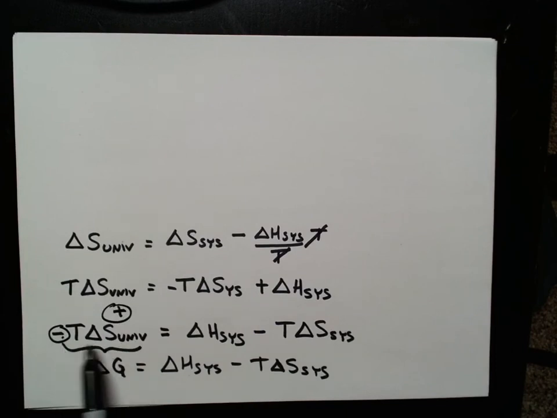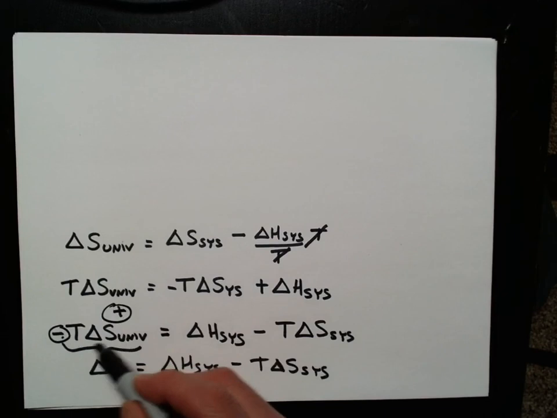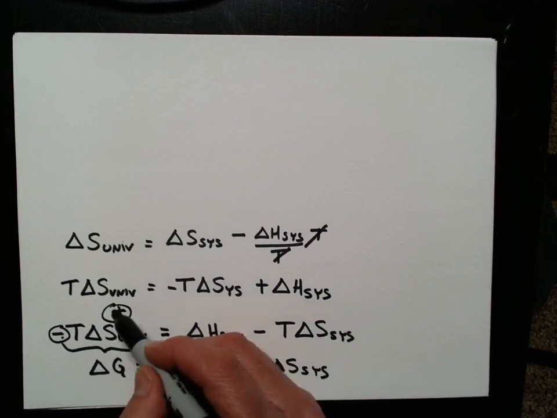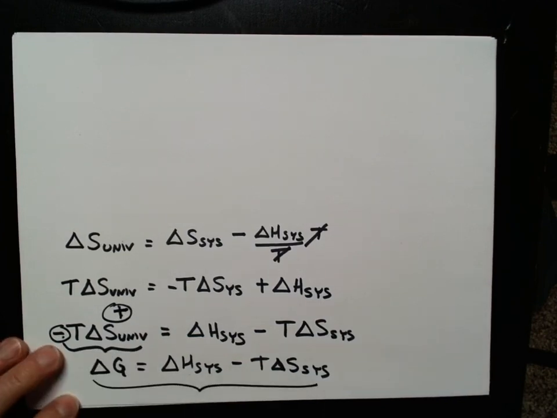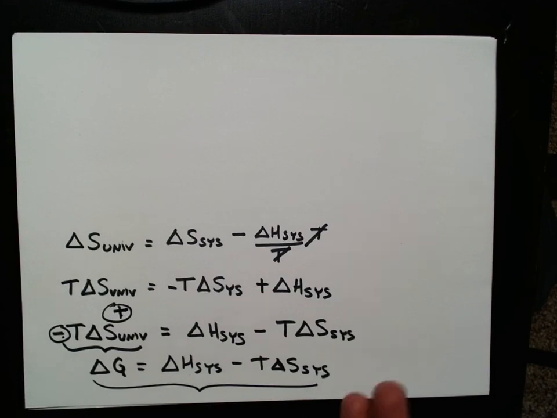So notice that for delta G, if delta S for the universe is positive and the sign in front of T is negative, that's going to make delta G negative overall. So we see that delta G negative overall corresponds to a spontaneous process. And that fits what we've learned about this particular equation: delta G is spontaneous if delta H of the system minus T delta S of the system, which refers to the chemical equation, is negative.